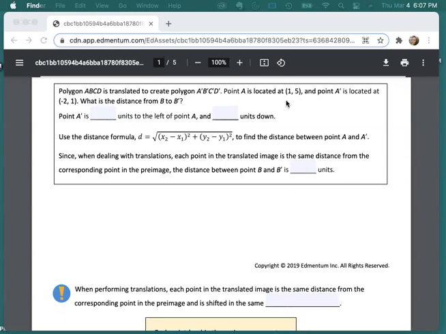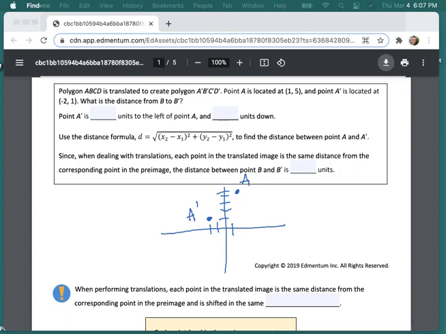So A is at 1, 5: over 1, up 5. Here's the original A, okay? And then the next A is at -2, 1. So -2, up 1, that's right here. Okay, so what is the distance between these 2 points?